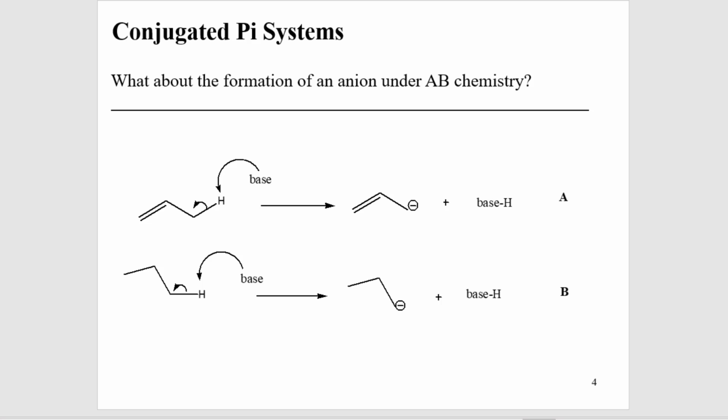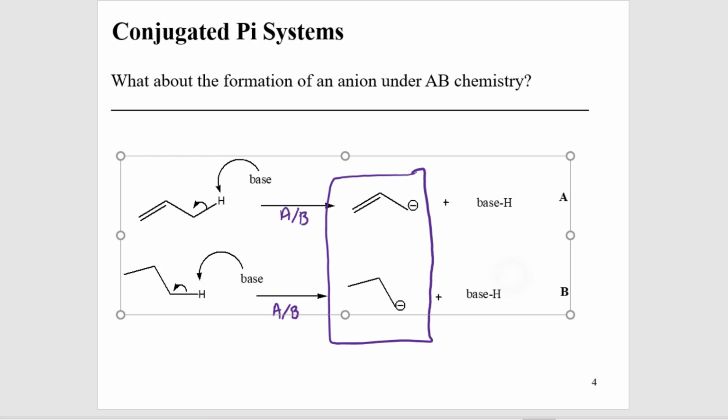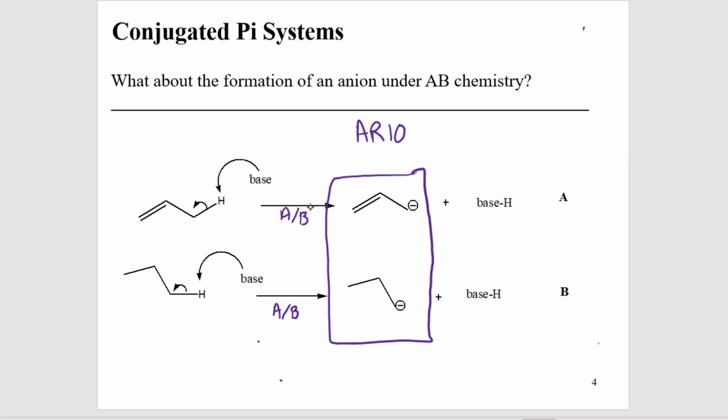What about an acid-base scenario? If I applied acid-base chemistry to each of these, the base removes the hydrogen and leaves a negative charge behind. You're evaluating the negative charge, or the conjugate base left behind, and you're going to use ARIO. Of these two anions or conjugate bases, they're both carbons, so the atom doesn't really help me.